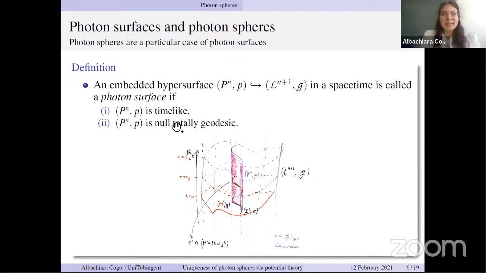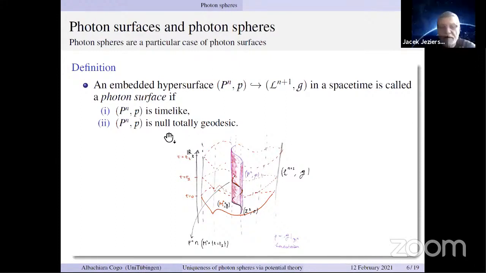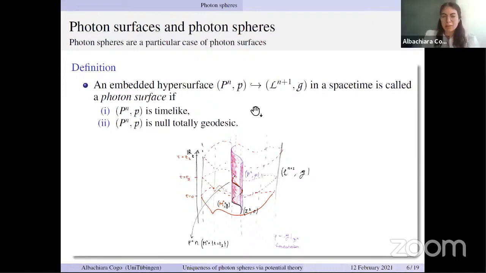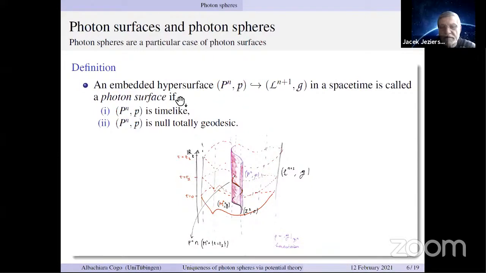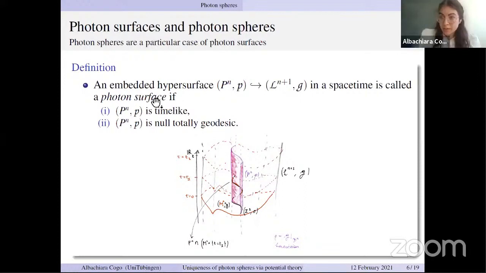So the full tensor, roughly the derivative of this Lorentzian metric in the transverse direction to the surface. So you mean the second fundamental form? Extrinsic curvature, yes, the second fundamental form. Yes, you are asking.